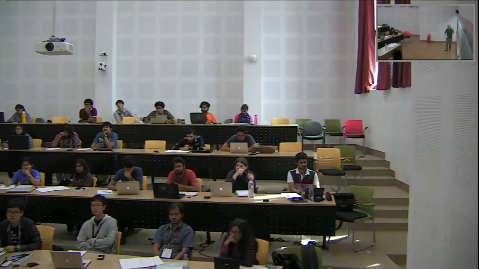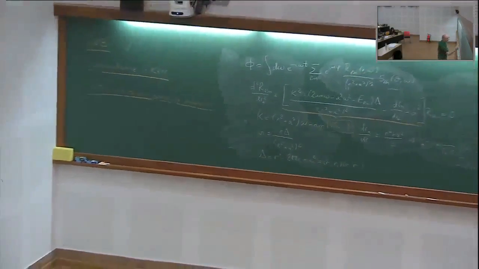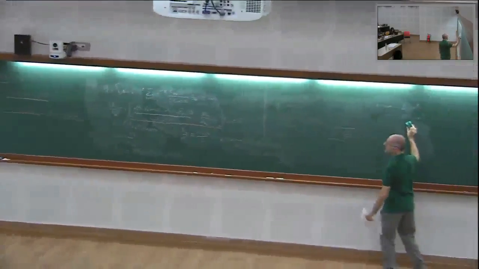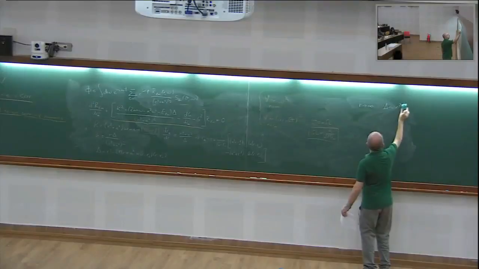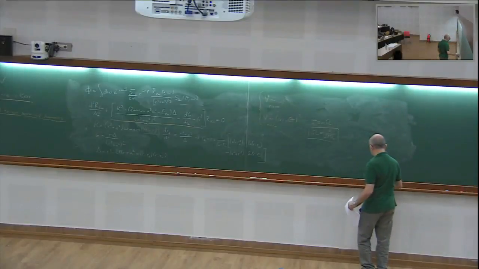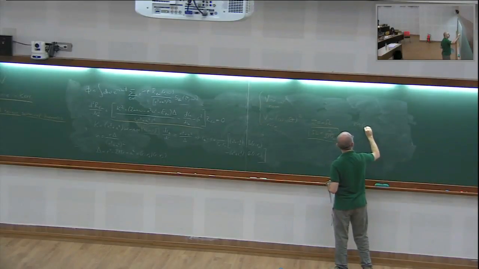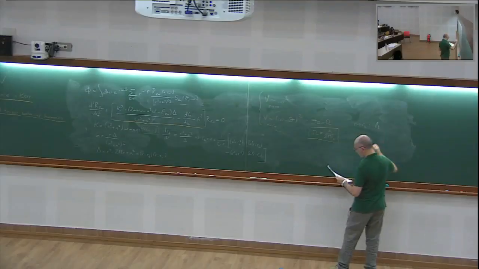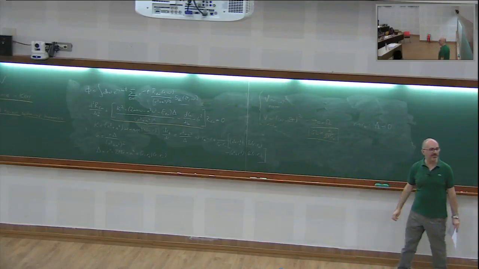Now let's look at the other limit, the limit where I go close to the horizon. Is it clear? So if I consider the limit as r goes to r plus, obviously, delta goes to 0, right?